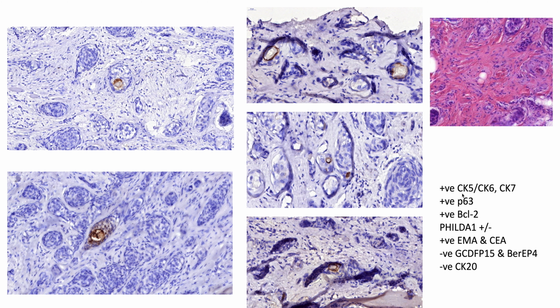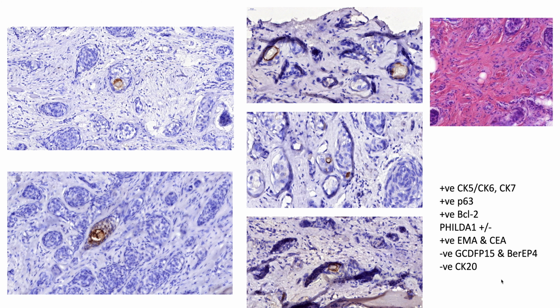Consistently positive is CK5, CK6, CK7, but ours is CK7 negative. 100% of cases are P63 positive, which works for ours. And ductal differentiation can be identified with EMA and CEA.